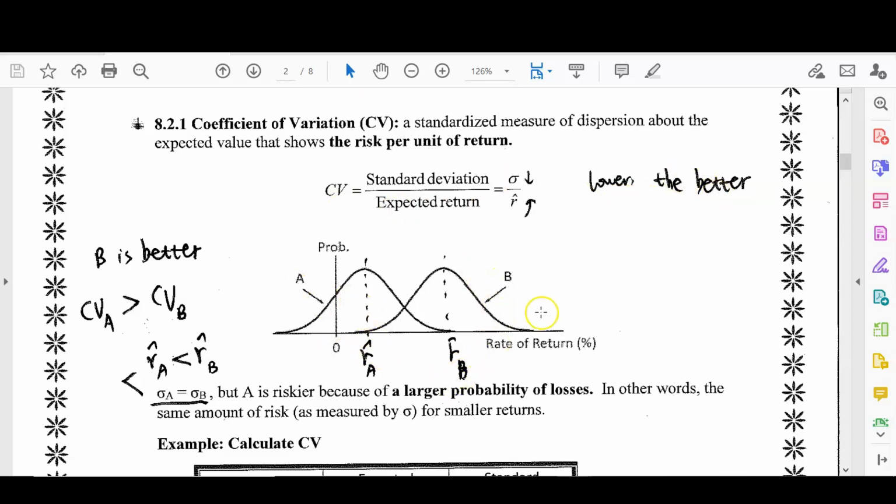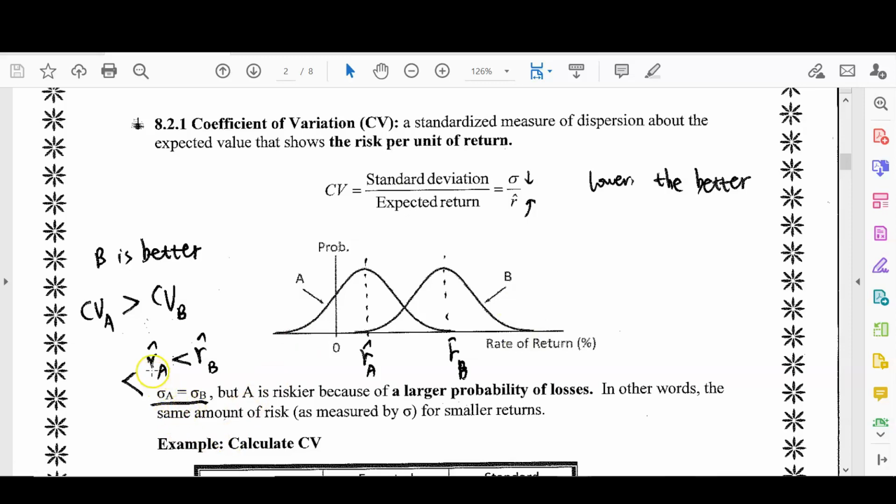If we look at this graph here, if we have asset A and B, we see that the expected return of B is actually higher than the expected return of A. And they have the same normal distribution. You can see the degree of how these two lines are spread out are similar. So we say their standard deviation is similar, okay?